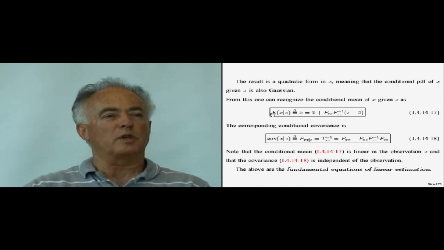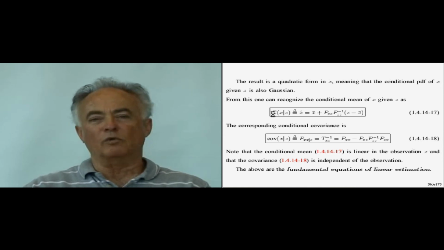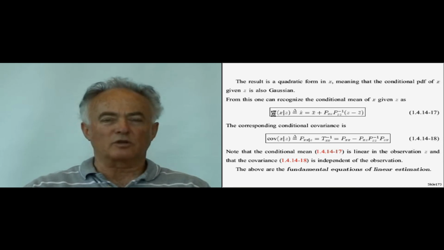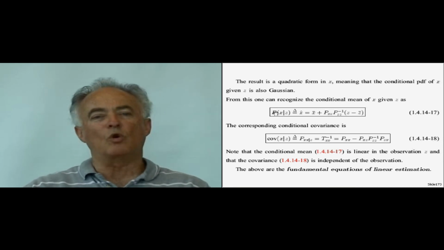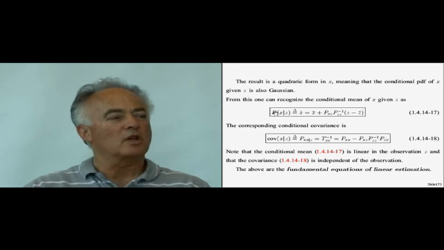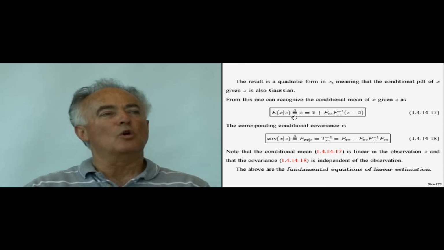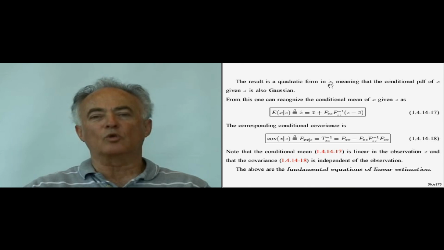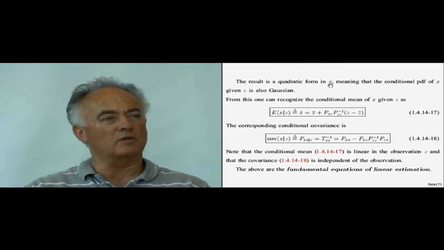So, what we have is that the ratio of those two exponentials, using the so-called completion of the squares in the matrix version, and manipulation of those terms, will give us that the conditional density of x given z is quadratic in x.